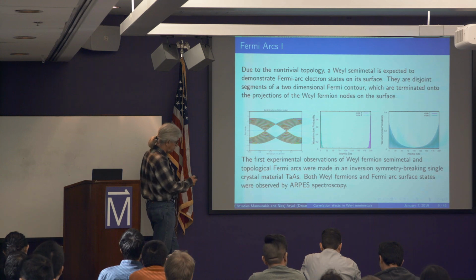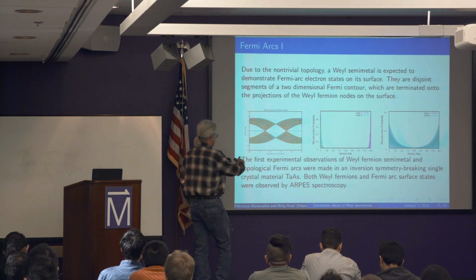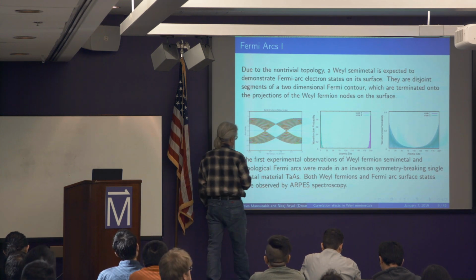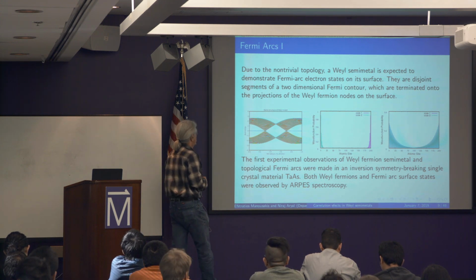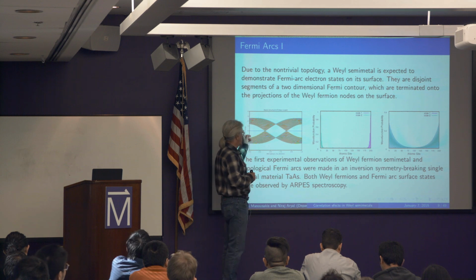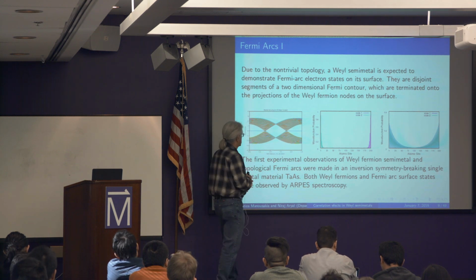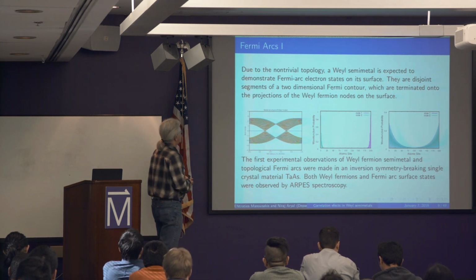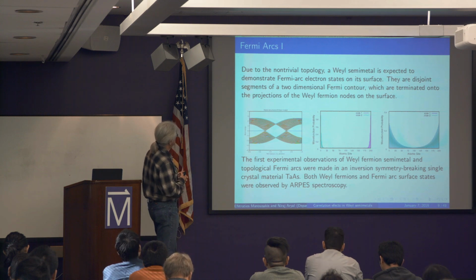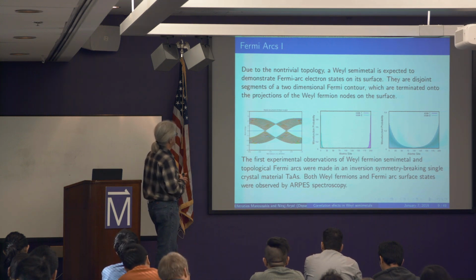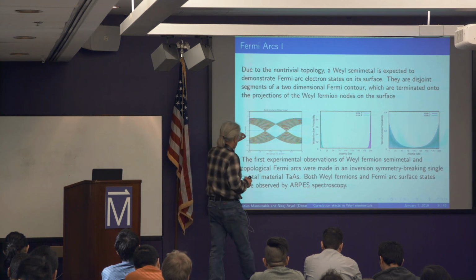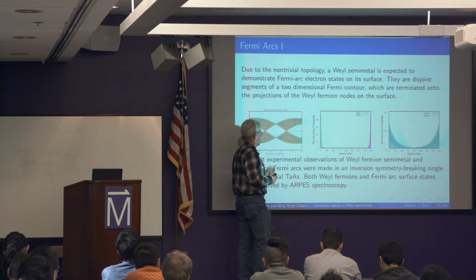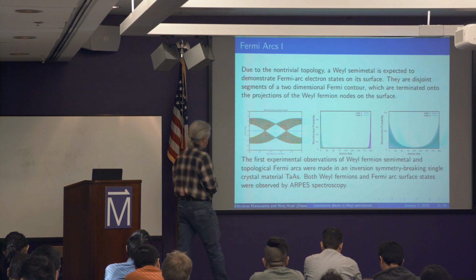And so you have two Weyl points at these two nodes, and so this Fermi arc emanates from one and goes to the other one. This is a periodic cell in a particular direction, so you have to think of this as being connected. It's not that there are two of them. There are actually two of them, but in fact, both of them are degenerate, and they come back and join the other Weyl point.